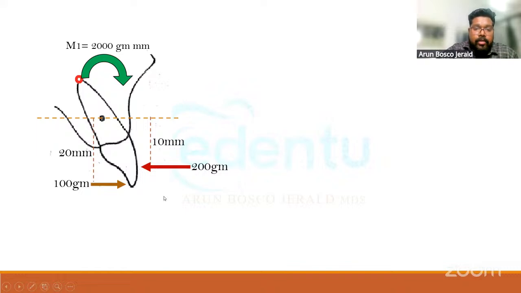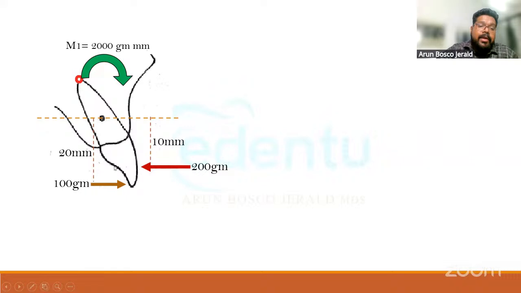So the red arrow shows the initially applied force, which has created the first moment M1. Now to avoid uncontrolled tipping, we are giving an opposite force, which is coming from the palatal aspect, which is 100 grams in magnitude, and it is acting 20 millimeters away from the center of resistance.